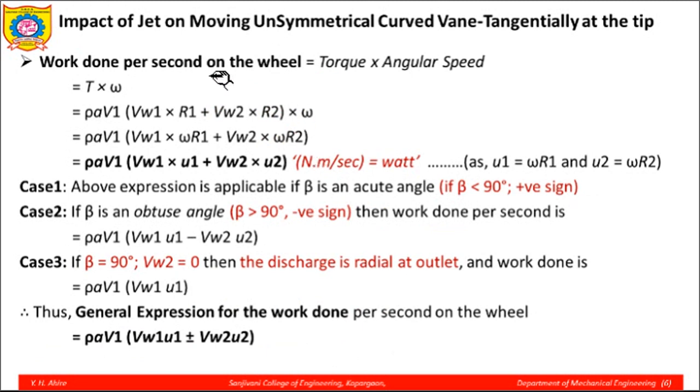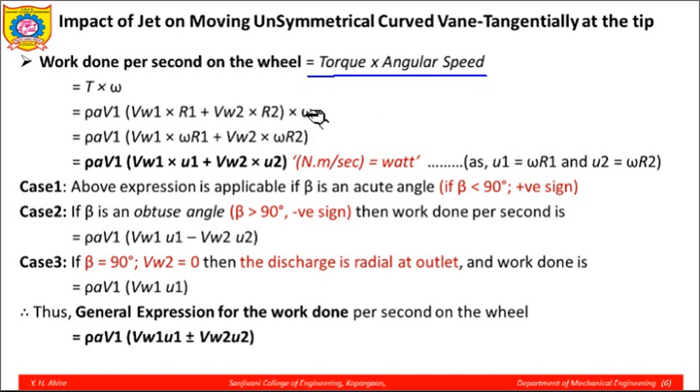Once you know the torque, you can find out the work done per second on the wheel. So work done on the wheel is nothing but torque acting on the wheel into angular speed of the wheel, T into omega. The torque is given as rho a v1 into (Vw1 r1 plus or minus Vw2 r2) into omega. Now here positive sign is taken because beta is less than 90 degree in our discussion.